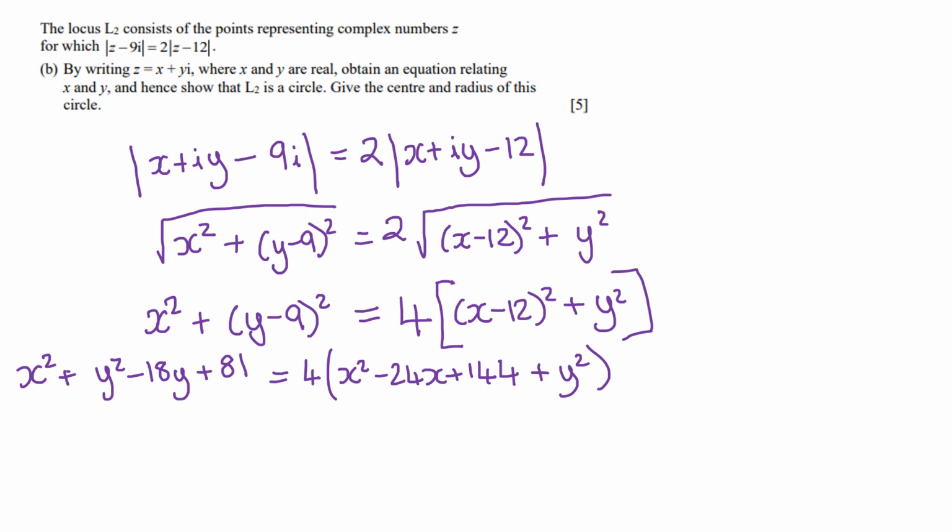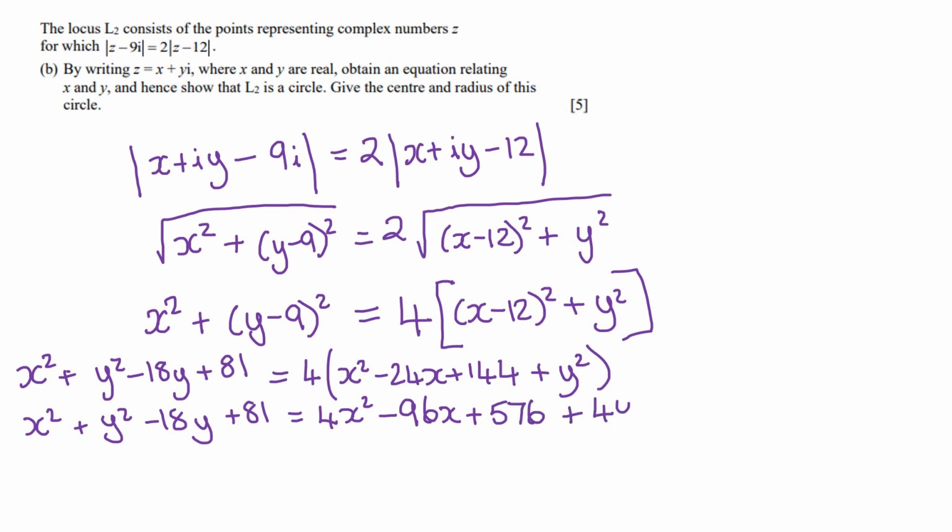We'll expand that lot. x squared plus y squared minus 18y plus 81 equals 4x squared minus 4 times that, 96 I hope. 4 times 144, yeah, 576, I think, yeah, 576, and plus 4y squared.